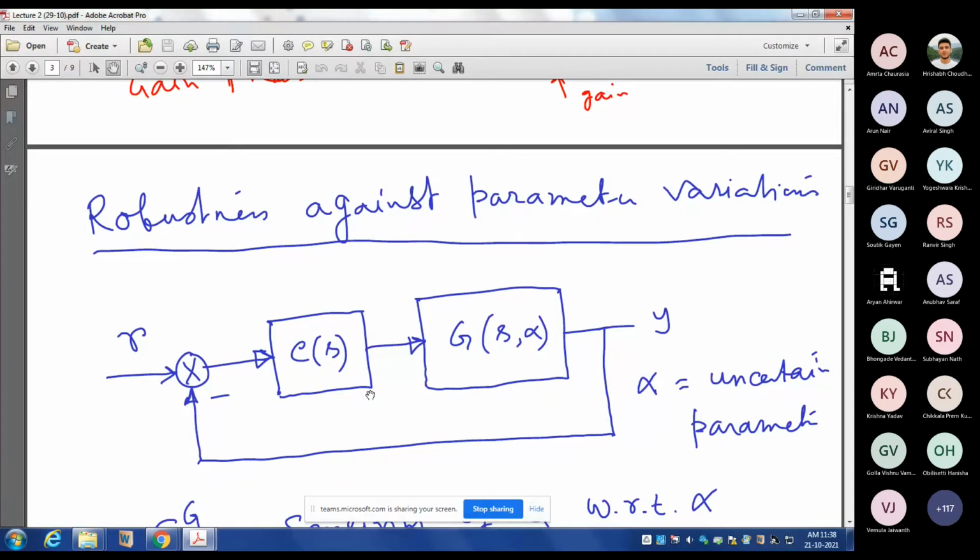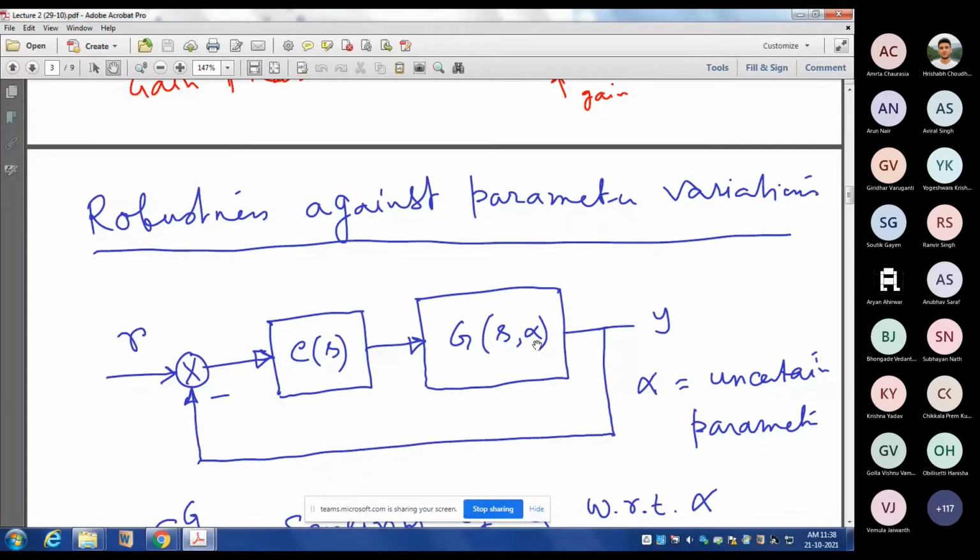To introduce that, I have drawn a simple feedback system, with G(s, alpha). Here alpha means an uncertain parameter. It may be a pole location, a zero location, or a gain. Anything it can be. So alpha is not fixed. That's why I have marked it as G(s, alpha) separately.